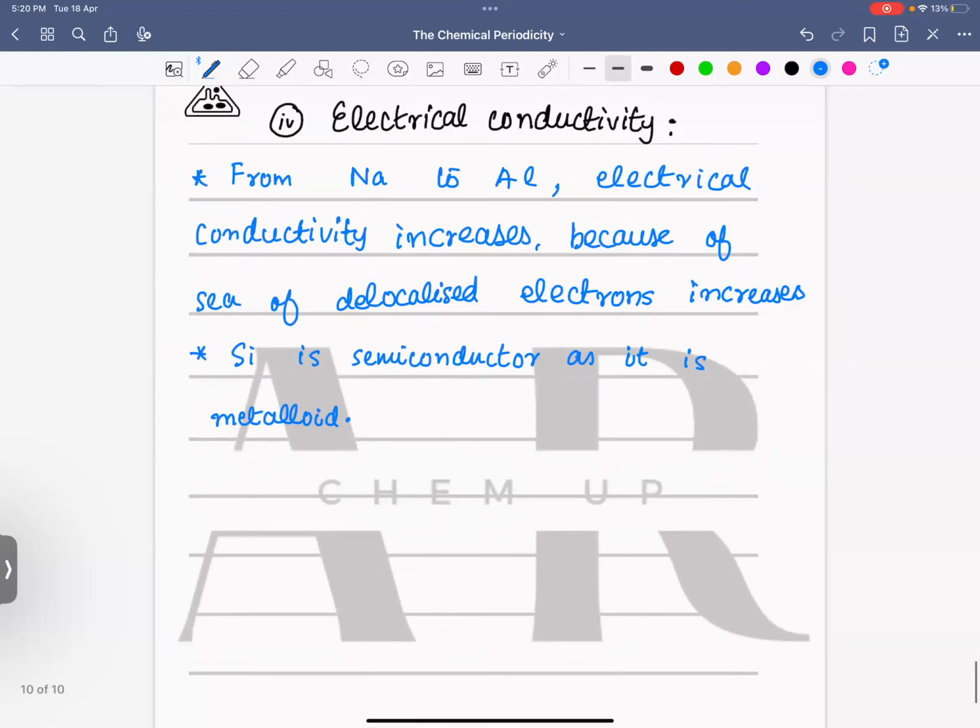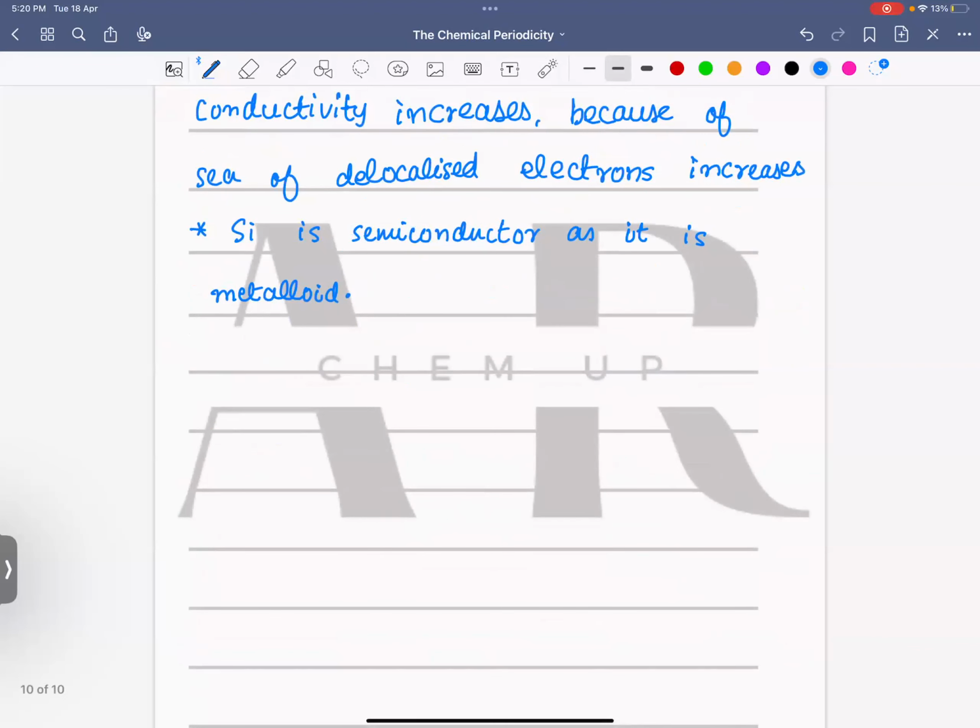Okay. And the rest are, we know, non-metals, and they do not show conductivity, or their conductivity is very small.